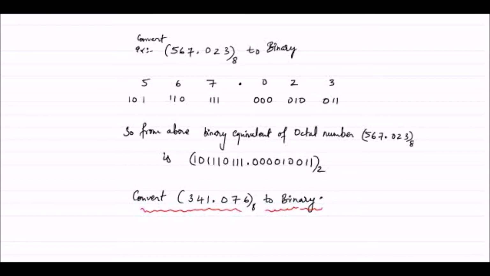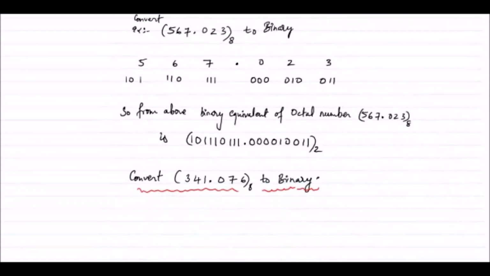So you can directly write the binary values of each digit and write them completely at a time. Sometimes if the values have an extra 0, you can eliminate it.